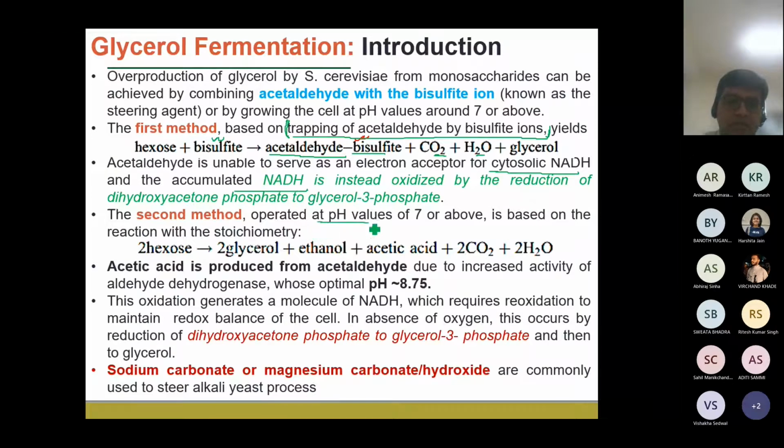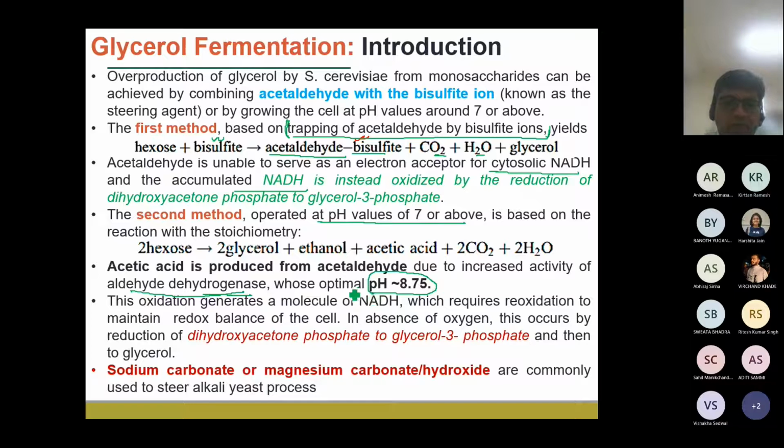So one of them is to maintain a fermentation condition of a pH above 8. It has been found that the optimal condition for increased activity of this aldehyde dehydrogenase, which is the enzyme responsible for the conversion into dihydroxyacetone phosphate, is around pH 8.75.